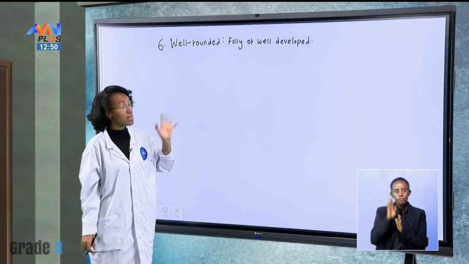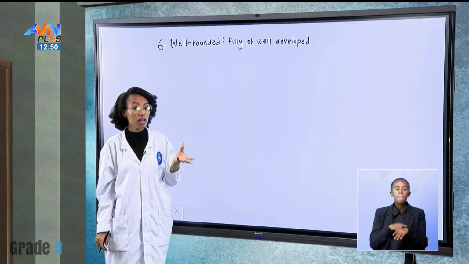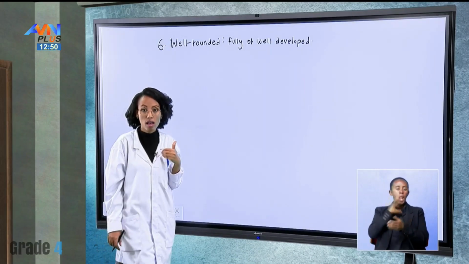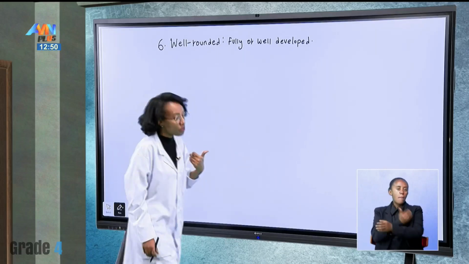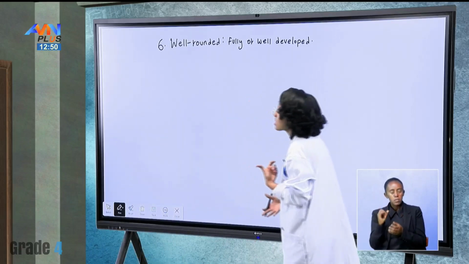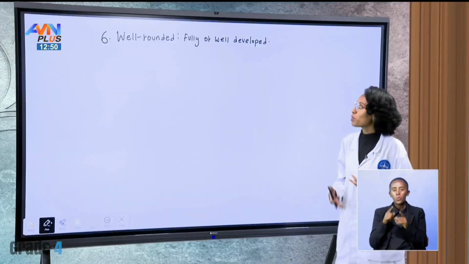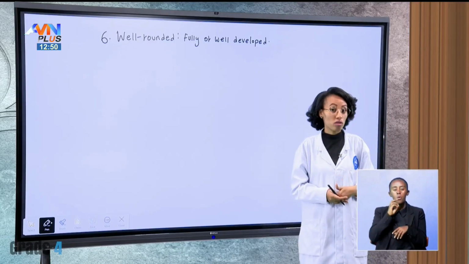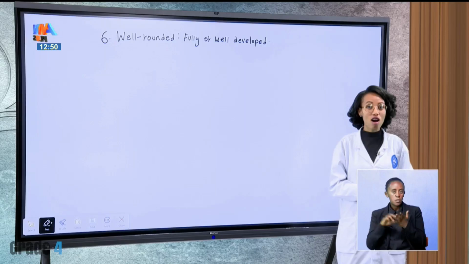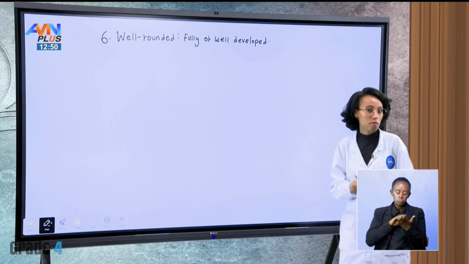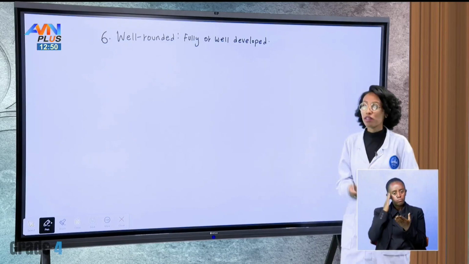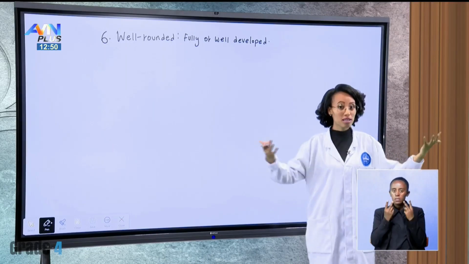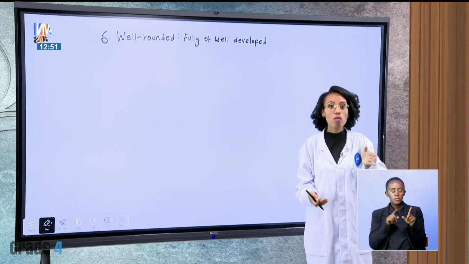So this time it could mean in someone's mental capacity, okay? There are people who, when we talk about them, we say they are very well-rounded. What that means is they are well-read, they have read a lot of things, and they know a lot of things, and they see things from different angles, not only from one angle.